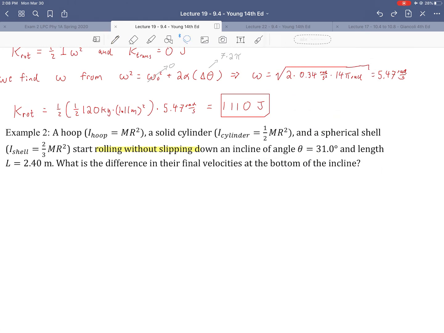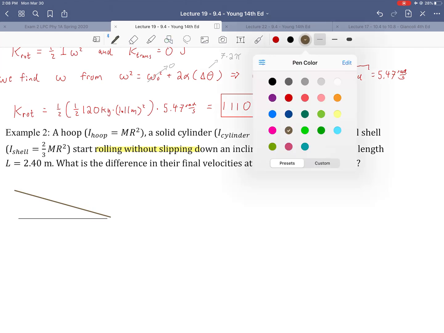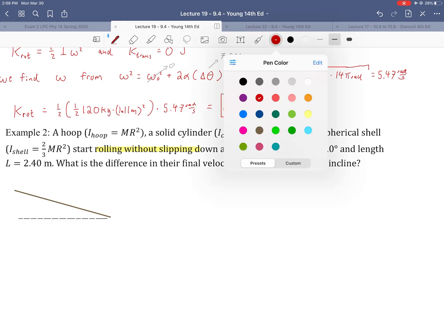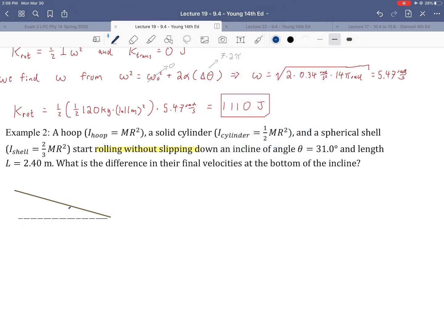Something like this. Okay, so now I have a 31 degree slope, so it'll be coming down. There we have it. And this will be our horizontal direction, like so. Make that a dotted line. So this is our angle, our 31 degrees.